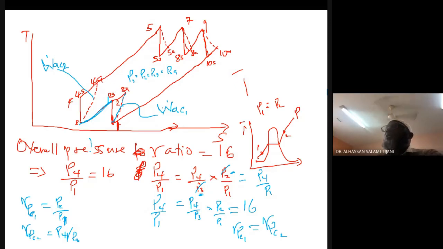Okay, so the isentropic efficiency for compressor number 1 equals WS, I'm very sorry, it's always the smaller value divided by the bigger one.